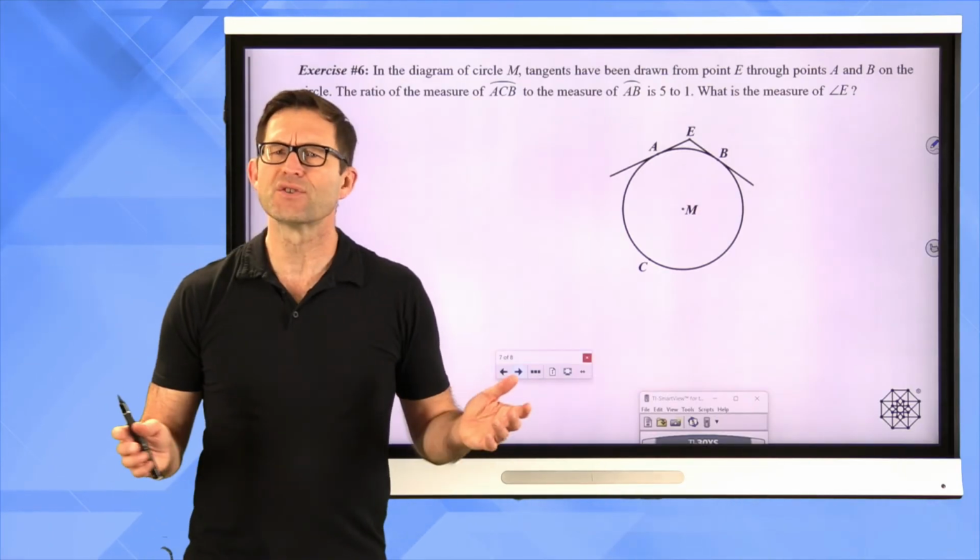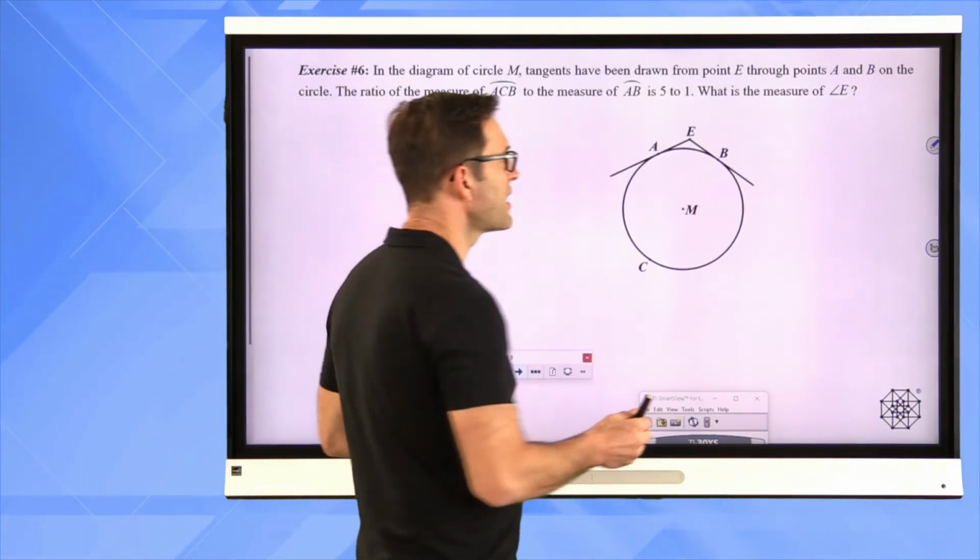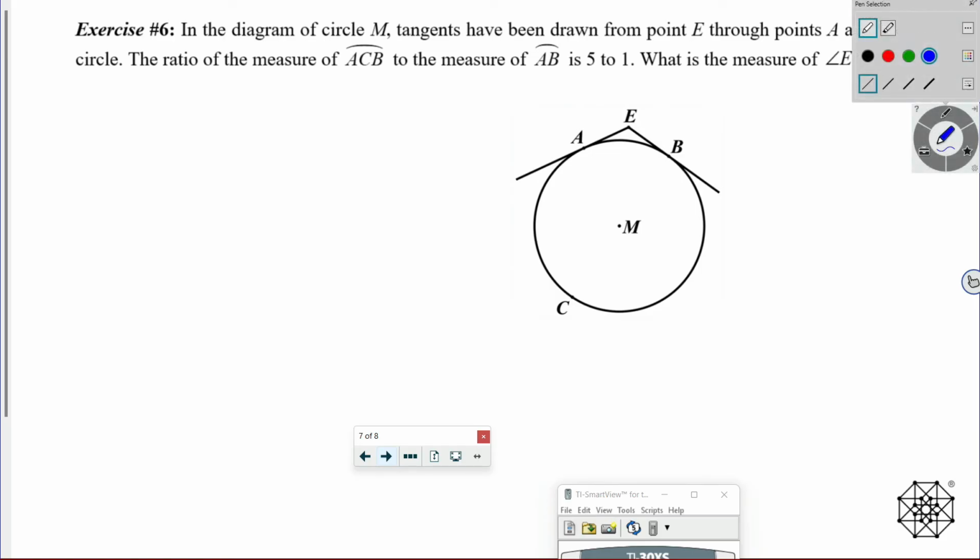All right, so let's just again understand the basic premise of how to calculate angle E, right? To calculate angle E, we have to first have the measure of arc AB, but we also have to have the measure of arc ACB.